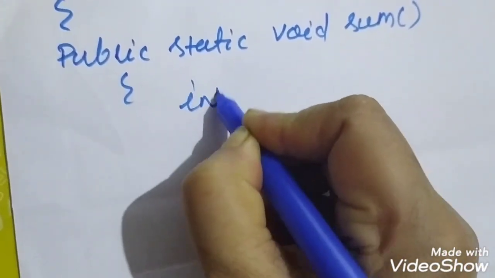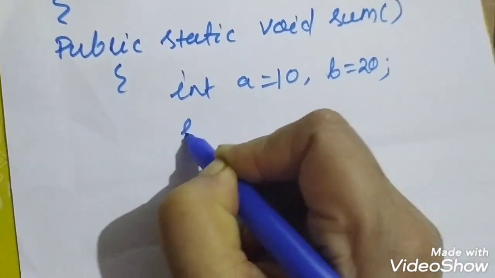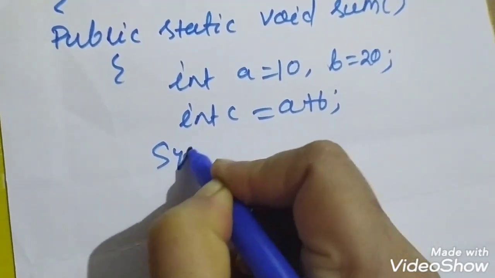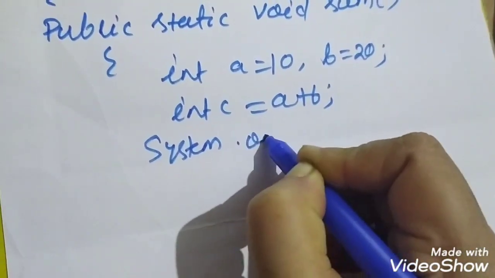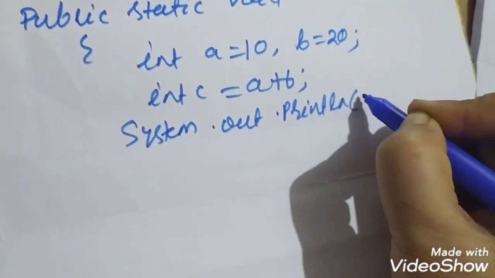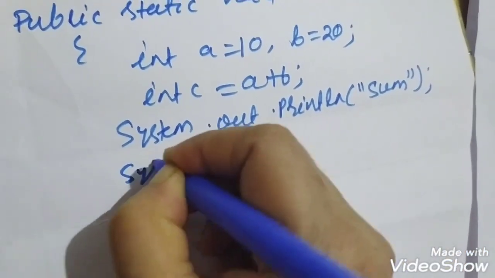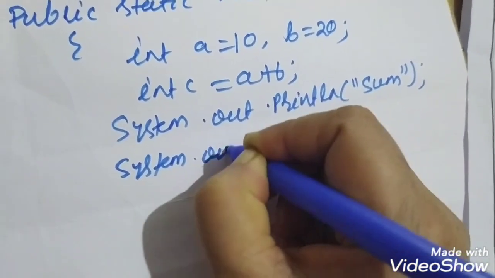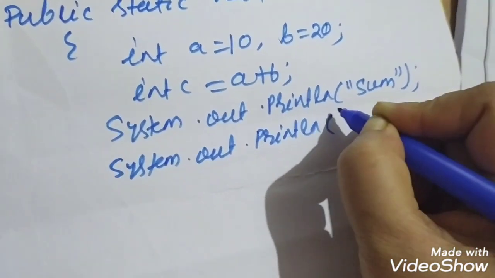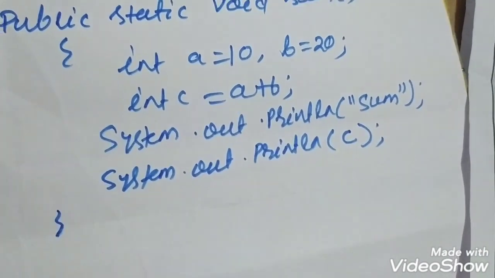Then int a is equal to 10, b is equal to 20, int c is equal to a plus b, then System.out.println, sum, System.out.println, it will be c, and it is finished here.